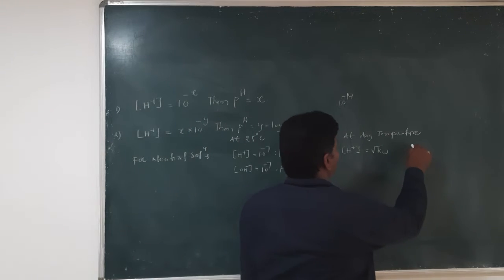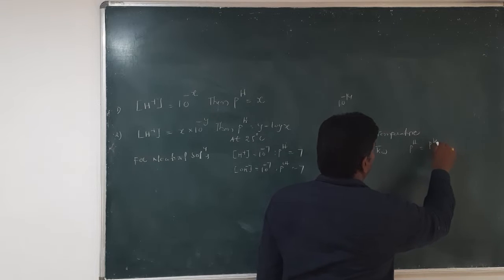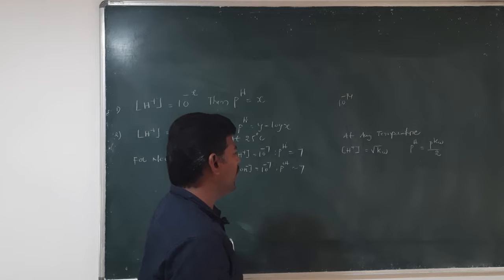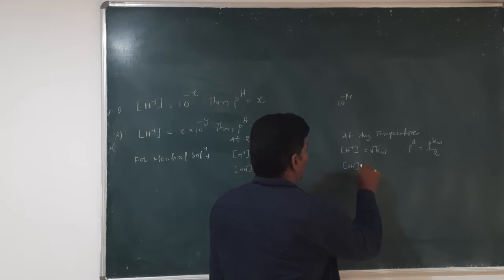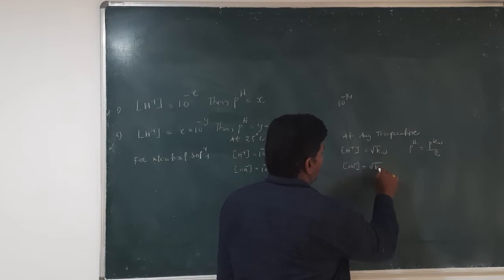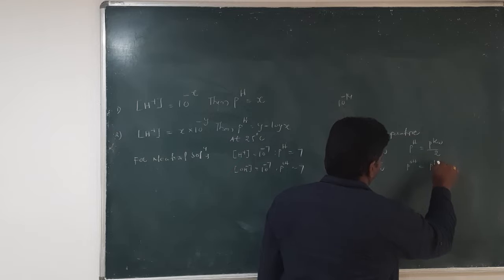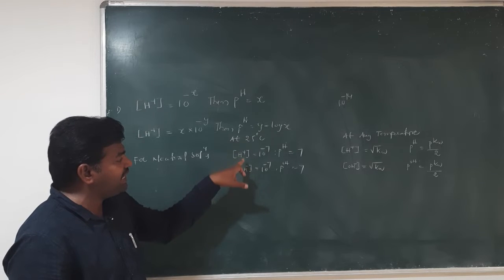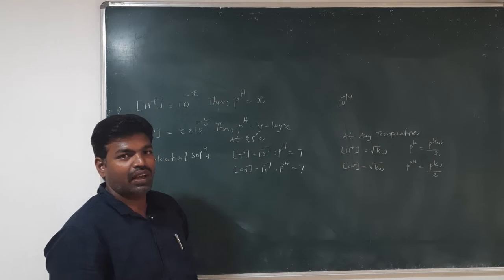And pH is equal to pKw by 2, and the concentration of OH minus is equal to root Kw and pOH is equal to pKw by 2. This is at 25 degree centigrade and this is at any temperature, right?